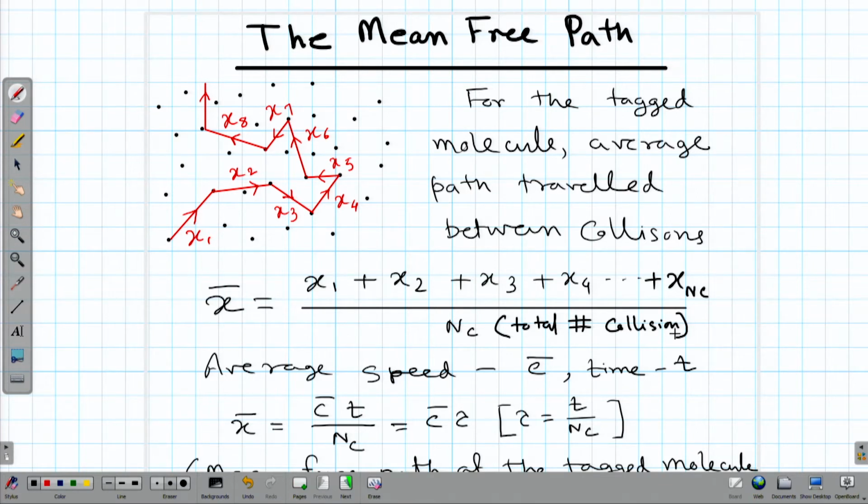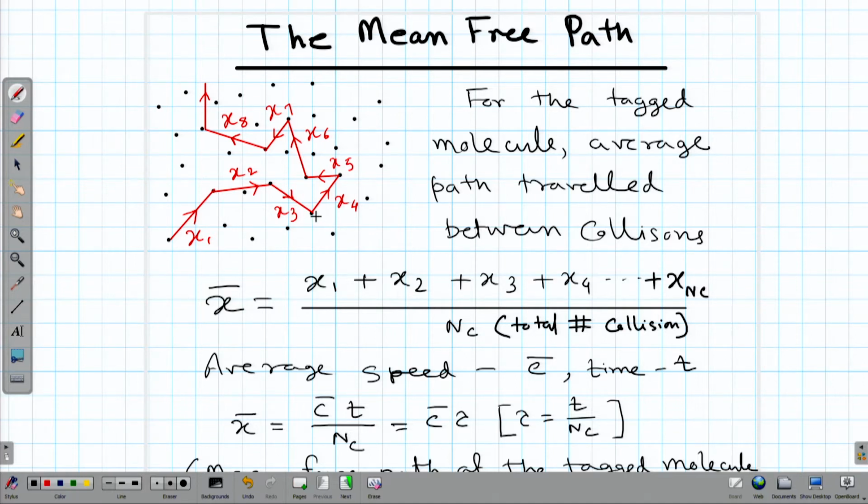And please remember that for this molecule, every collision will change its velocity, both the direction and the magnitude of the velocity.